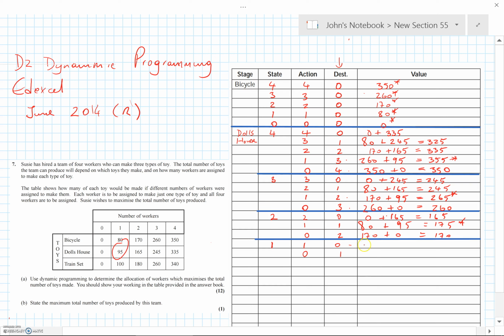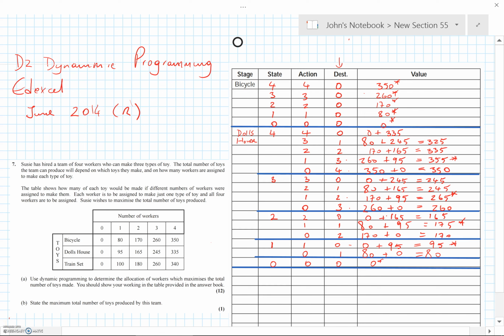So that means we have got 0, but that one person would do the job, so that's the 95. Okay, if the destination is 1, we're just pulling down the 80 from before. But there would be no one then doing Doll's Houses. So that's 80. We're seeking to maximize, so 95 is the optimum for that state.